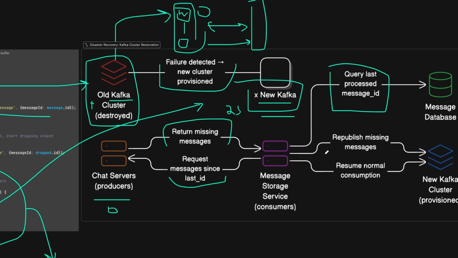This is where we will republish the missing messages into Kafka once it is back online. And once we write all this to the persistent storage like a database, we will resume normal consumption. So you need to have such mechanisms to avoid data loss, or at least minimize the data loss that can happen in case many parts of the system fail concurrently.